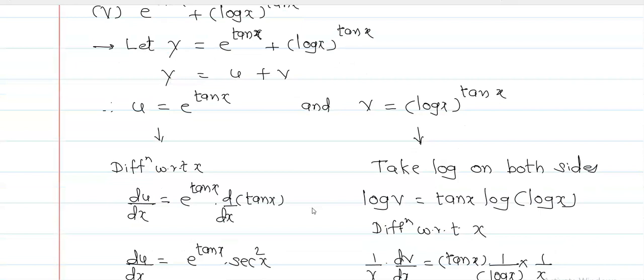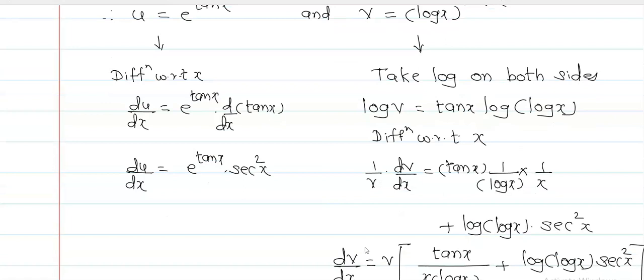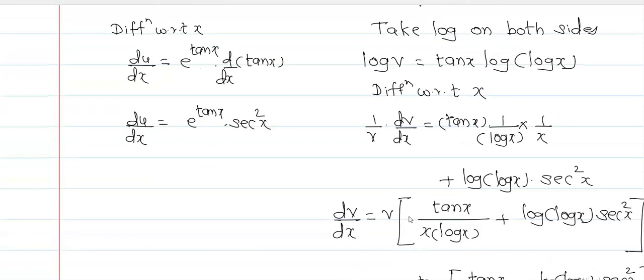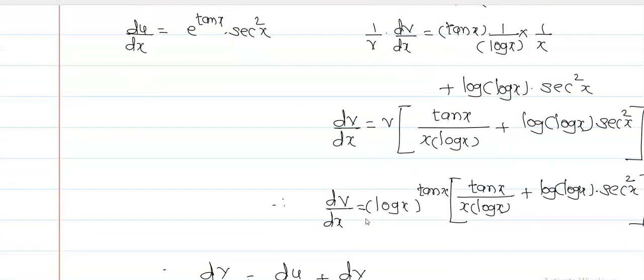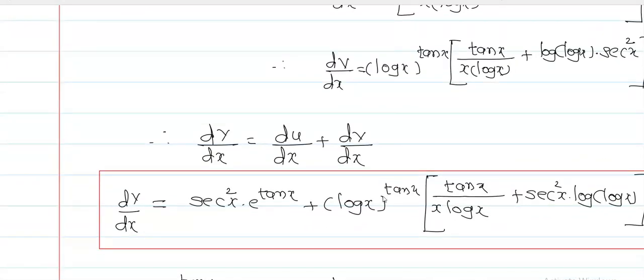Du by dx is equals to e raised to tan x into sec square x and dv by dx is equals to v into tan of x upon x log x plus log of log x into sec square x. Therefore, dv by dx is equals to log of x bracket raised to tan x in bracket tan of x upon x log x plus log of log x into sec square x. And this is the final answer.